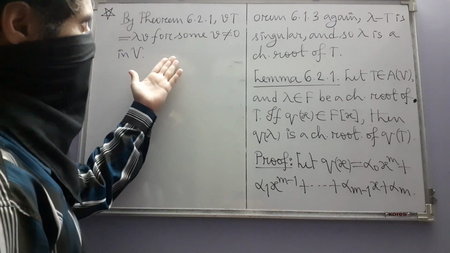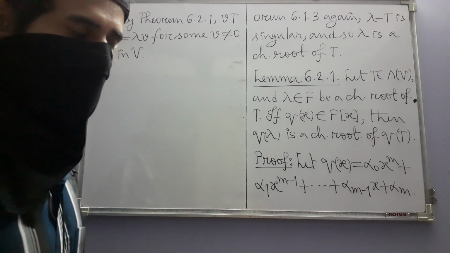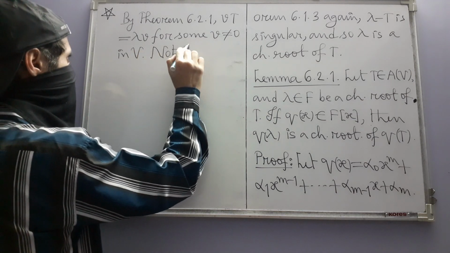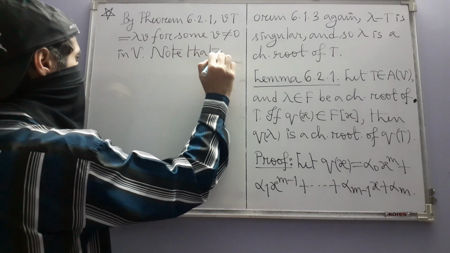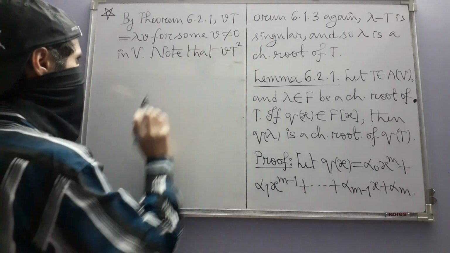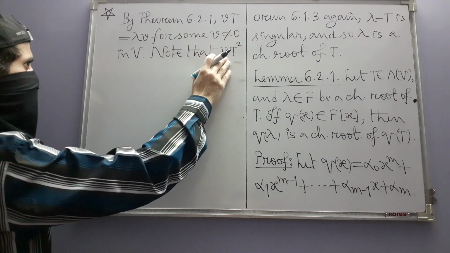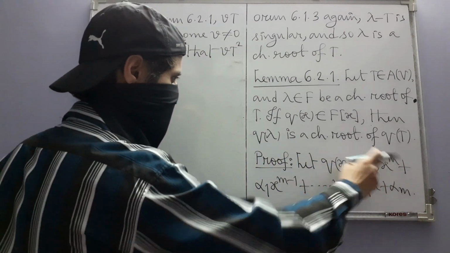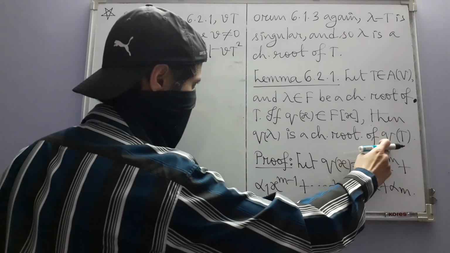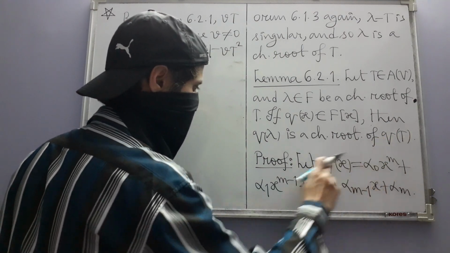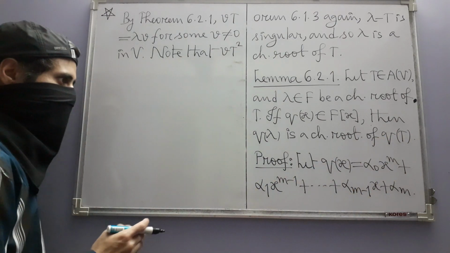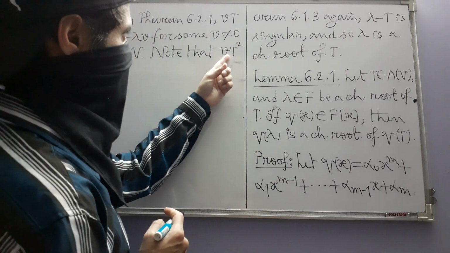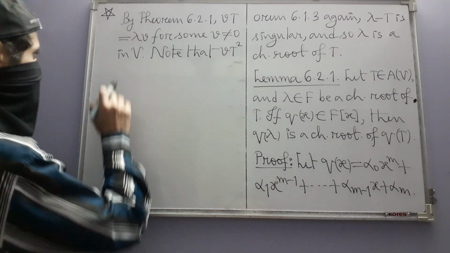Let us first see what is vT squared. We are going to need these things because we have this polynomial. You can understand if you evaluate q(T), you are going to get powers of T here, and if you apply that on v, you need to know what these things are.